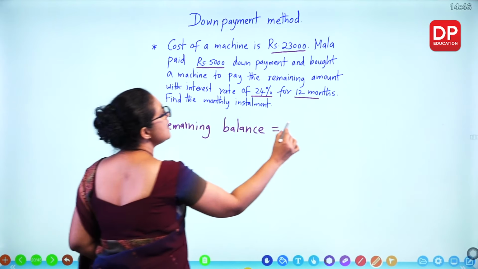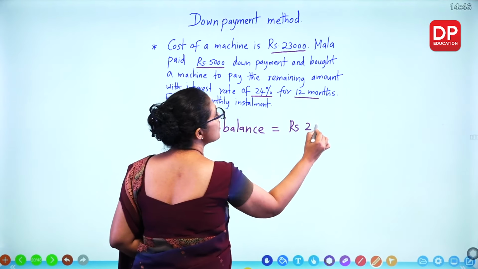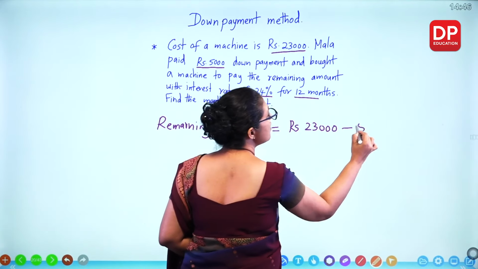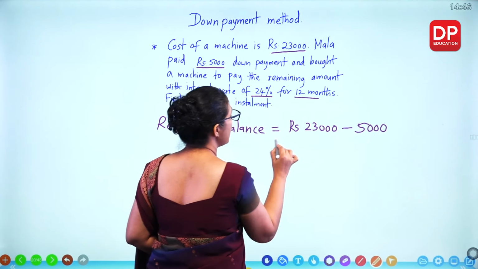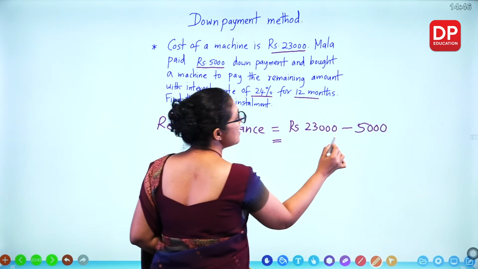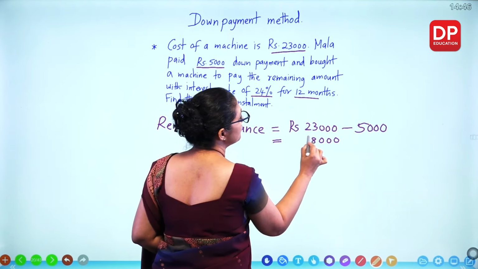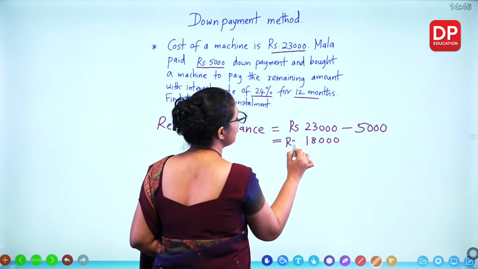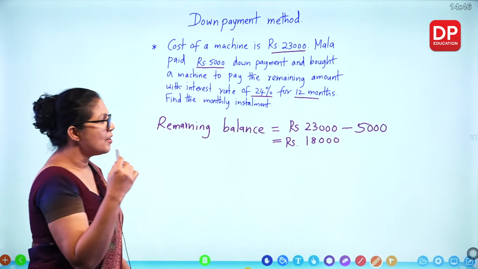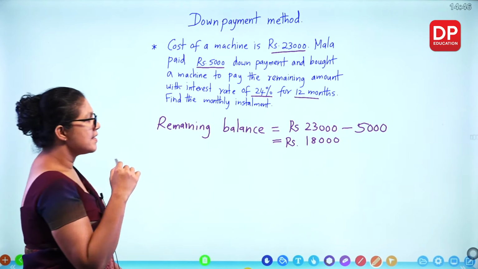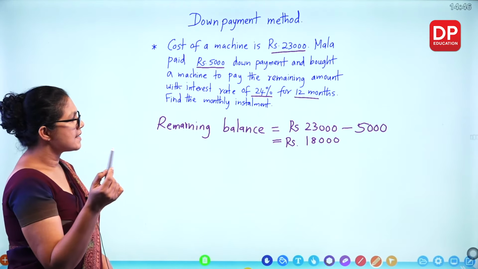So, the total is 23,000 rupees and Mala paid 5,000 rupees. So, the remaining balance for the interest is 18,000 rupees. Now, we need to calculate the interest only for this remaining balance.